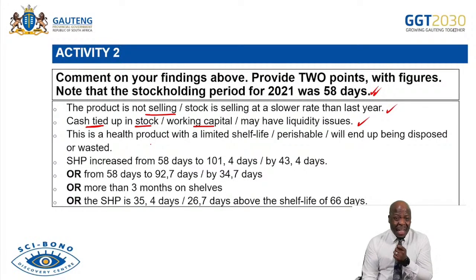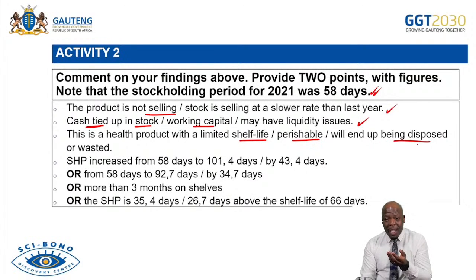And this is very important to note: this is a health product with a limited shelf life because it's an energy drink. And remember, it's a drink, so it is perishable. The moment it is staying for 101.4 days, we will end up disposing of it because it's going to expire while still on our shelves.